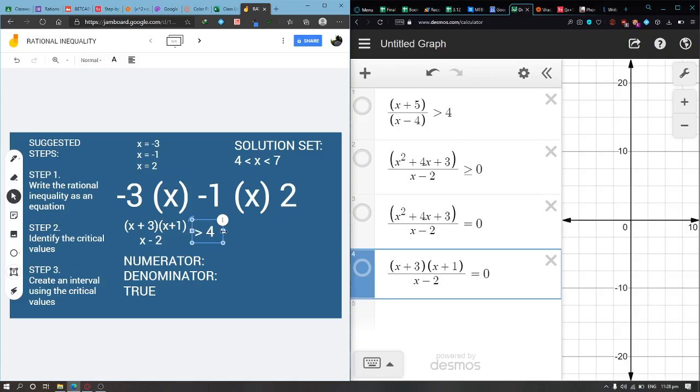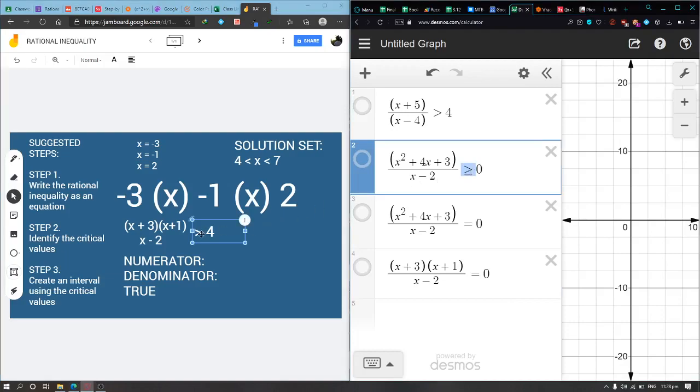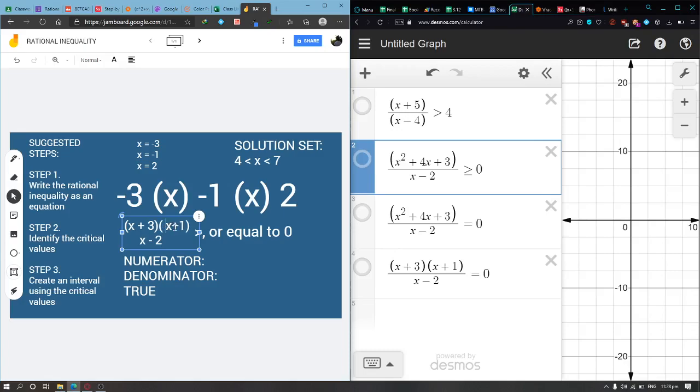Sabi niya, it is greater than or equal. Lagyan na lang natin or equal to 0. So instead na 4, 0 daw siya. So ilagay natin statement dito. So since ganyan na siya, try natin.